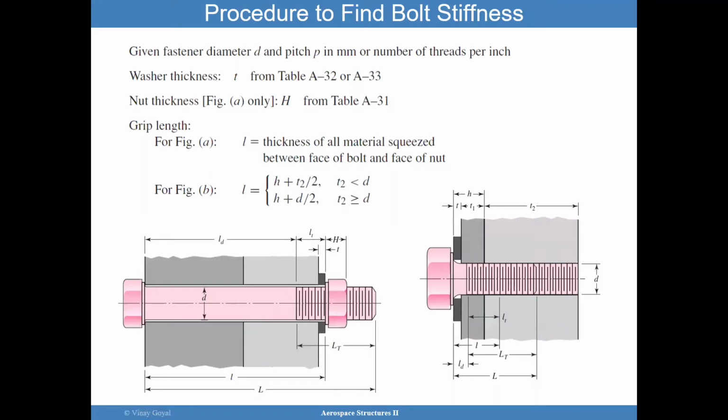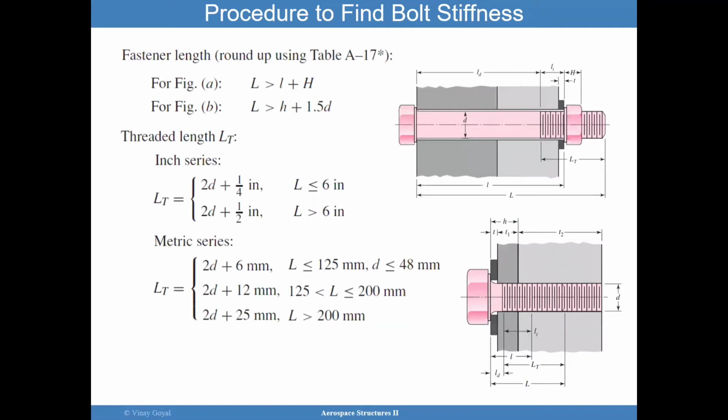Then we have, given the fastener diameter D and the pitch P, we can determine the grip length. And if I know the nut thickness H and the washer thickness T, then I should be able to calculate the bolt stiffness fairly easily. Again, for the English series versus the metric series, the grip lengths or the threaded length can be determined, and it is part of the calculation.